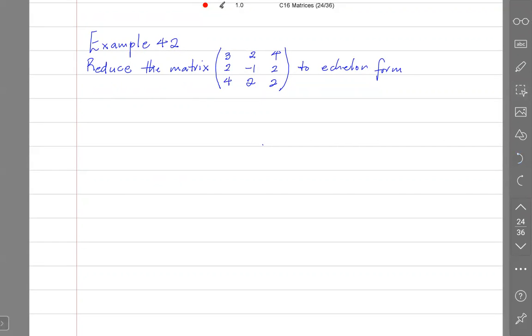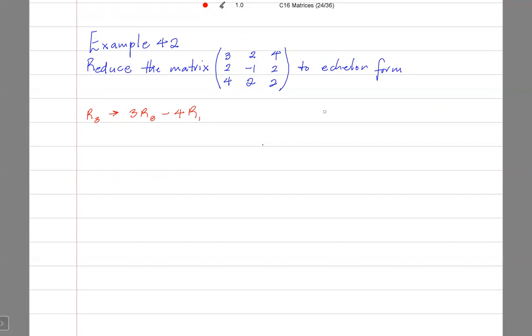So let's start out by saying that row 3 is going to become 3 times row 3 minus 4 times row 1.